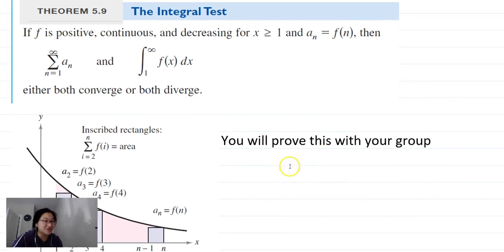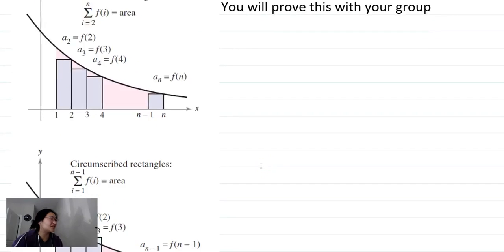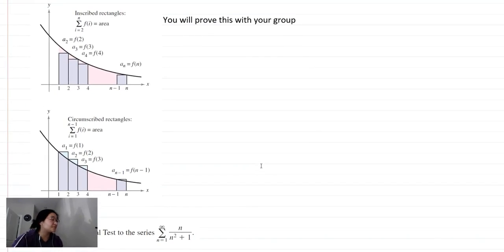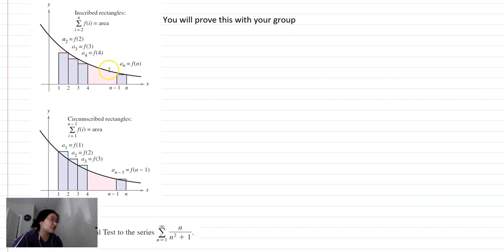So you are going to prove this with your group, but let's look at these pictures where we have our function. Suppose it's this decreasing positive function that matches our a sub 1, a sub 2, a sub 3 there. And we can look at this integral as the area underneath the curve, right?